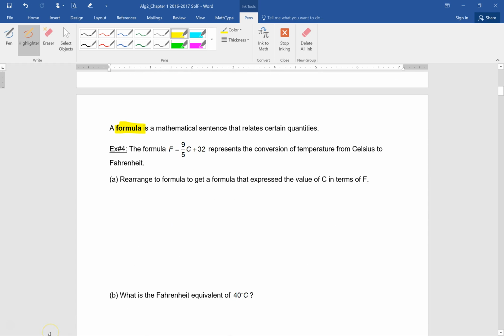Here we have a formula that shows the relationship between the Fahrenheit scale and the Celsius scale. So if you get sick and you want to take your temperature with a thermometer, the number that you get is in degrees what? Fahrenheit. And your normal body temperature, what should it be?